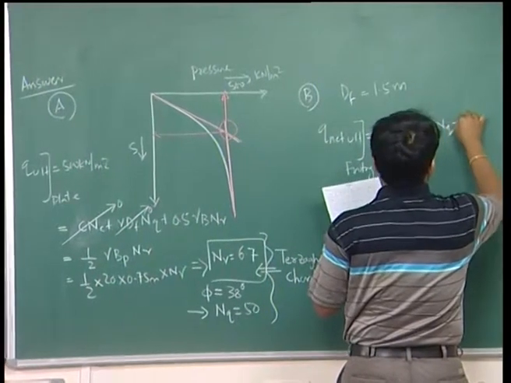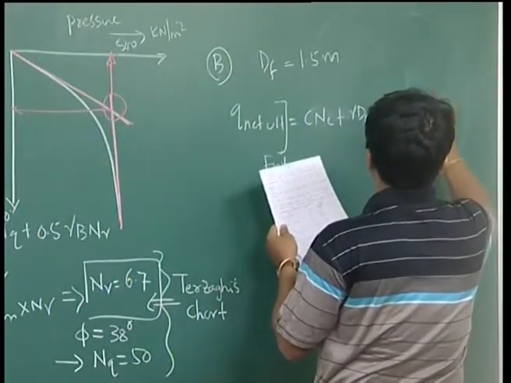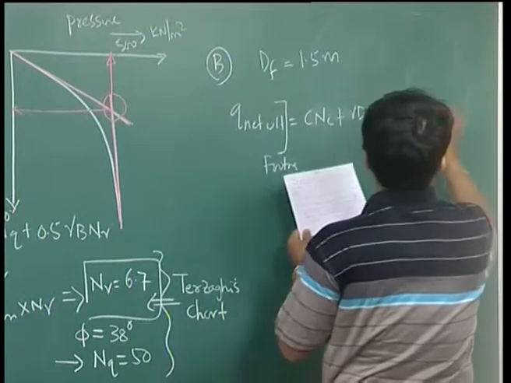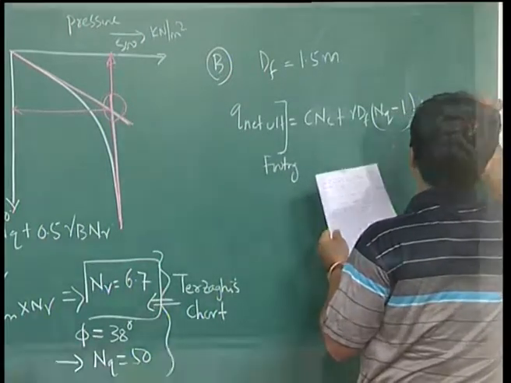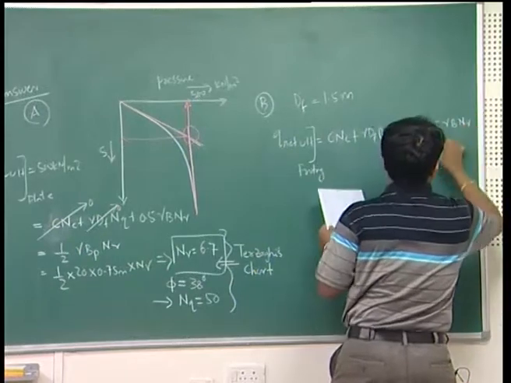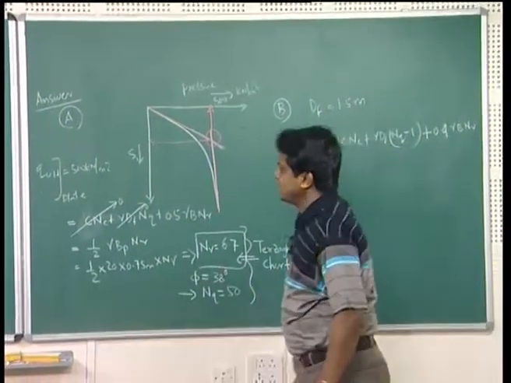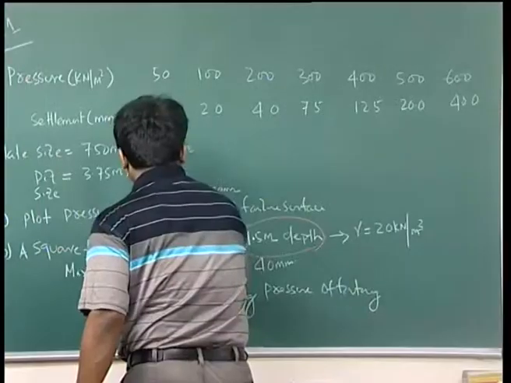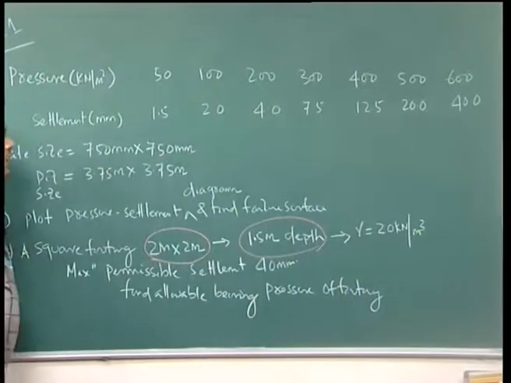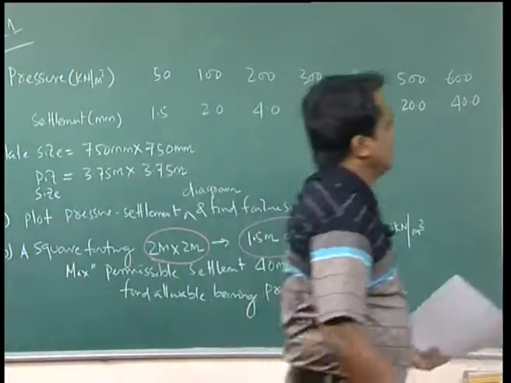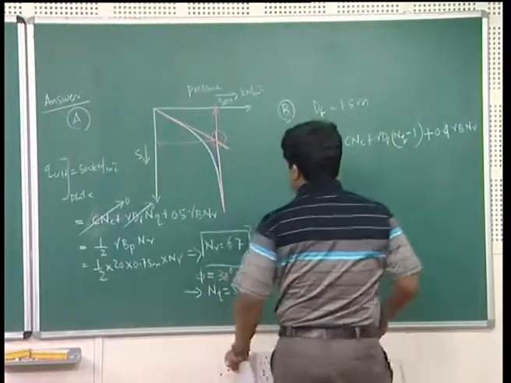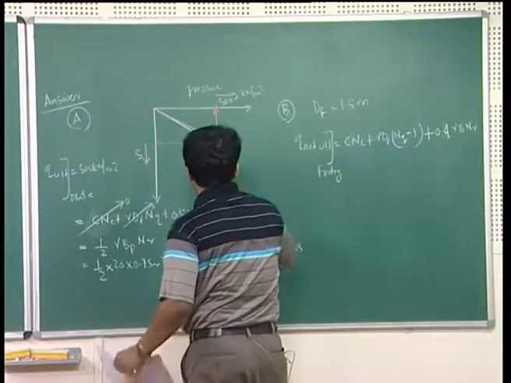net, NQ minus 1, plus 0.5 gamma B N gamma, but in this case it will be 0.4, as this is for a square footing. This equation is for strip footing.